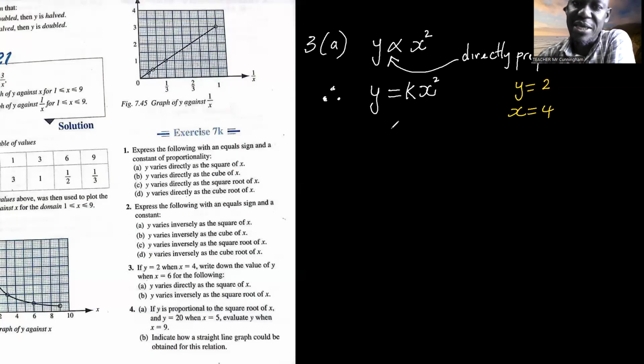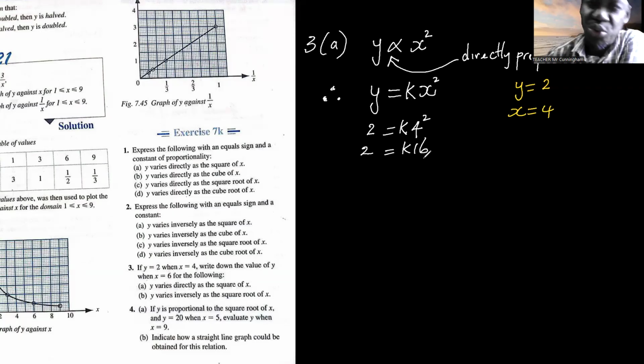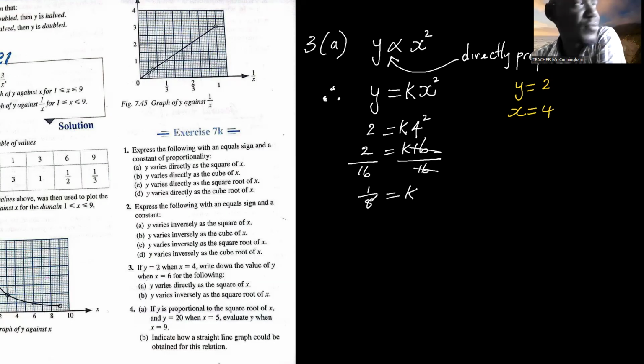Where I see y, I'm going to put 2. I do not know what k is. K times x squared. So that's 2 equals k times 16. So we're dividing throughout by 16 to find k. So k is equal to 1/8. You all agree with that? Yes, sir.